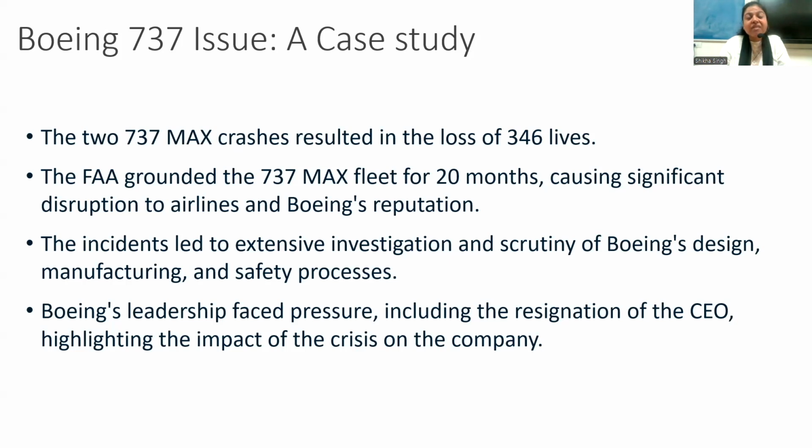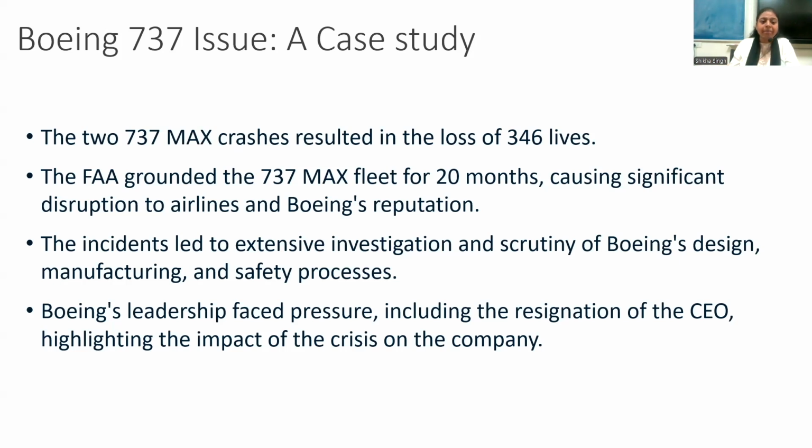The two 737 MAX crashes resulted in the loss of 346 lives, right? There were issues related to the designs. These crashes occurred, and these fatal accidents cost a lot. It is the people's lives, it is the cost of manufacturing that particular product, the efforts, the money, everything is all gone, right?